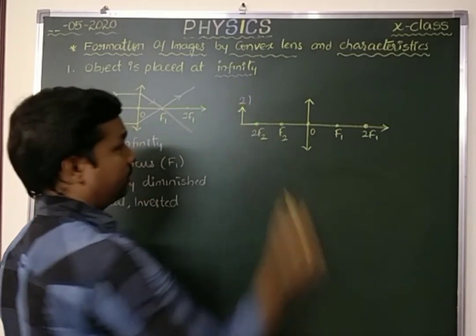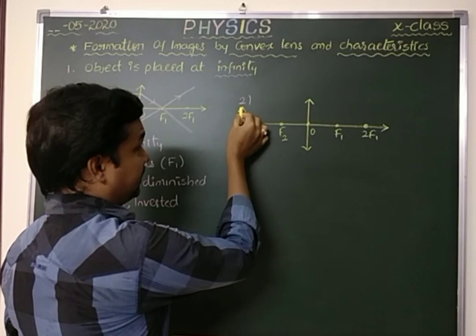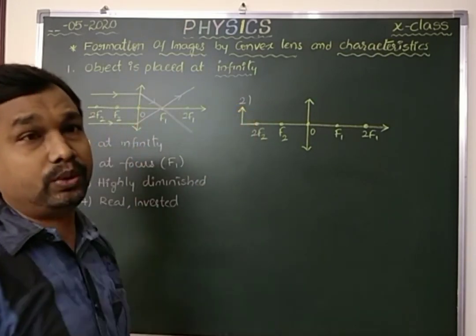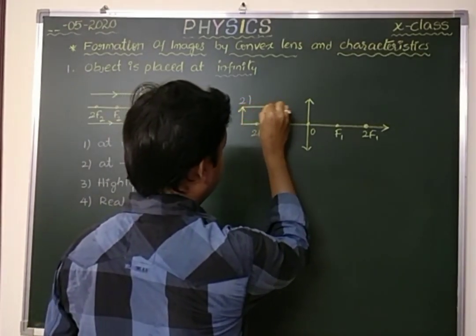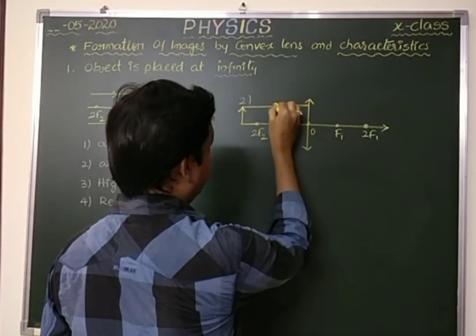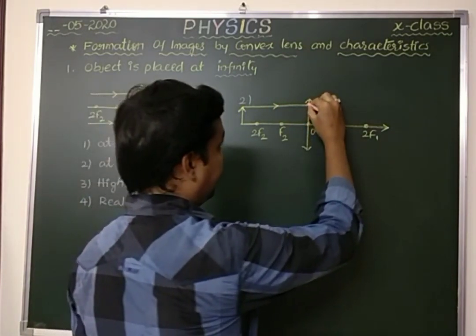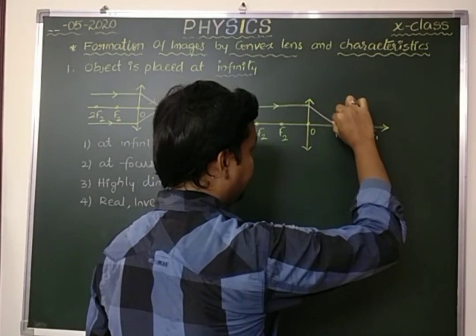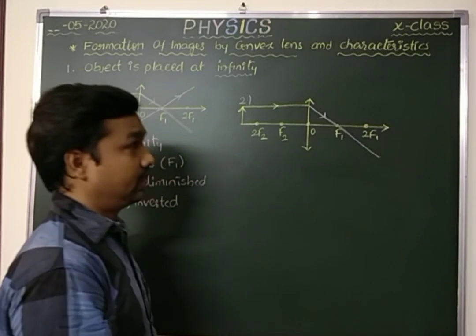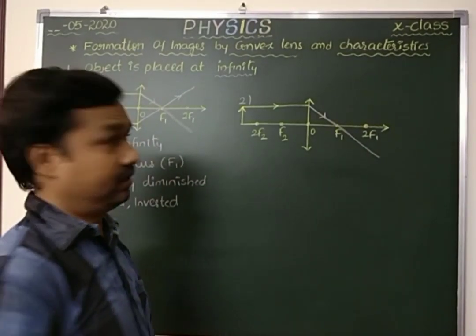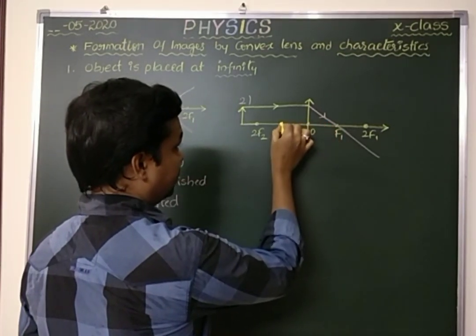This is the arrow, I am considering it as a candle. From the candle tip I am going to consider two light rays. One is moving parallel to the principal axis and incident on the lens. Then what happens to the light ray? It gets refracted. The refracted light ray always passes through the focus. And one more light ray I am going to consider, which is passing through the optic center or through the focus.